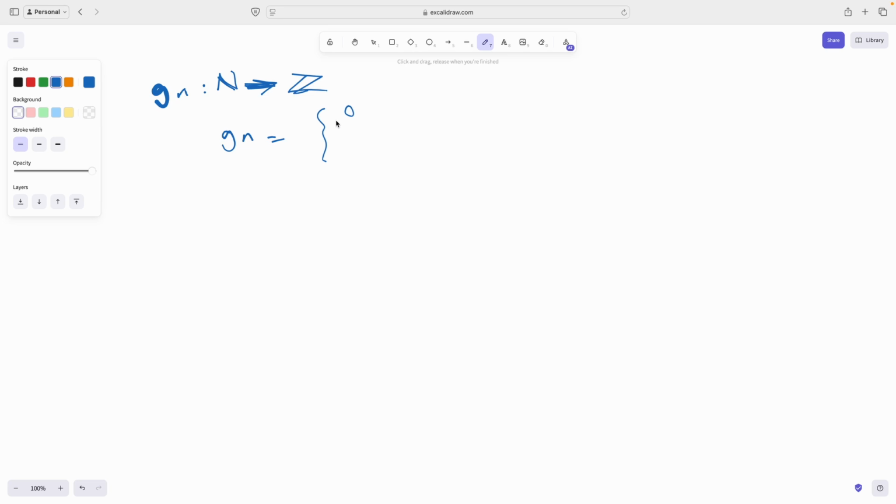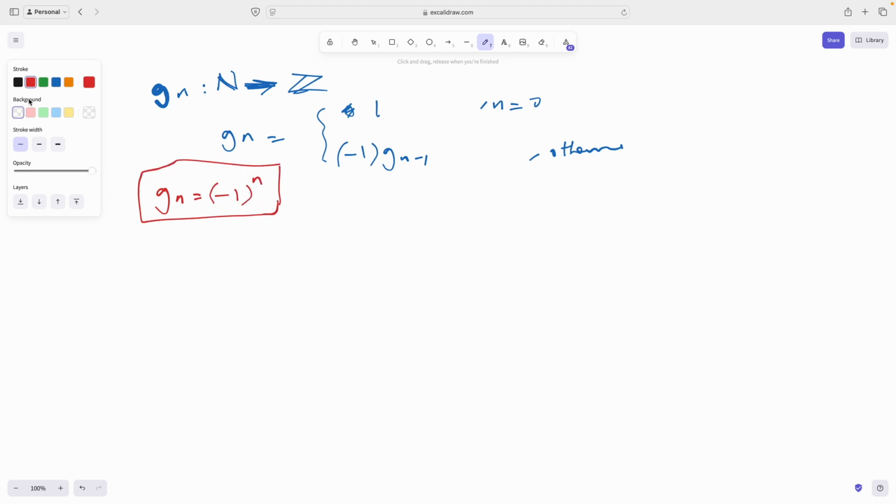It's 1 if n equals 0, and otherwise it's -1 times g(n-1). So it's the previous value multiplied by -1. Okay, and our proof objective is that g(n) equals (-1)^n. That's what we're trying to prove.